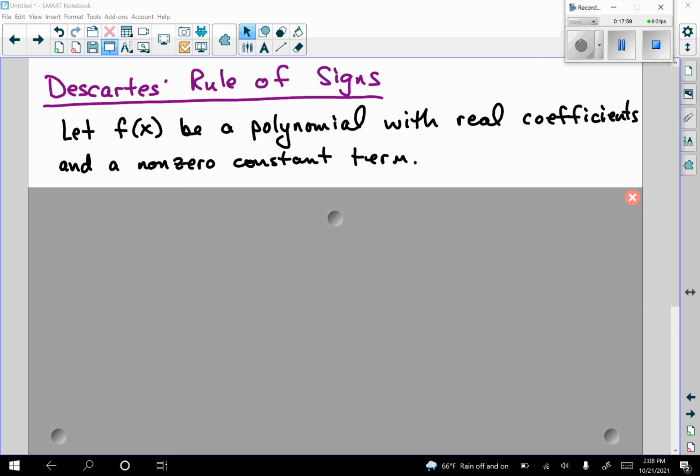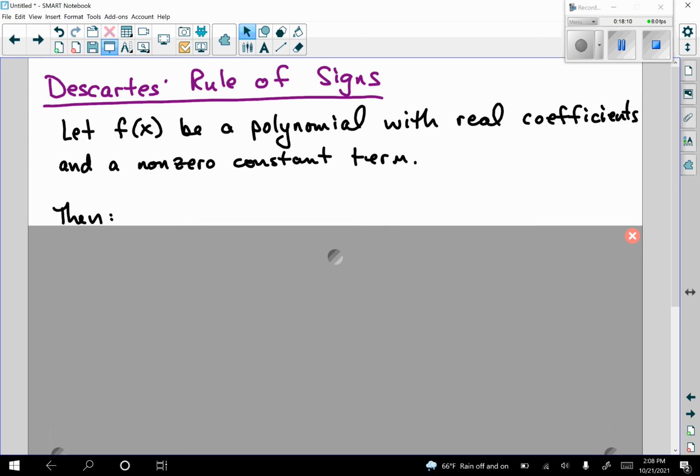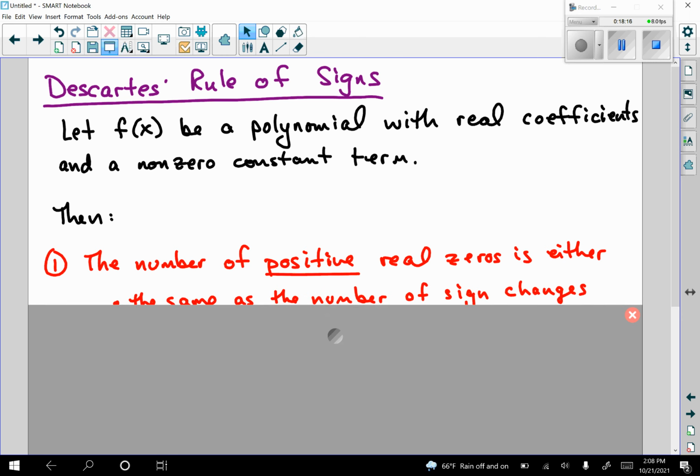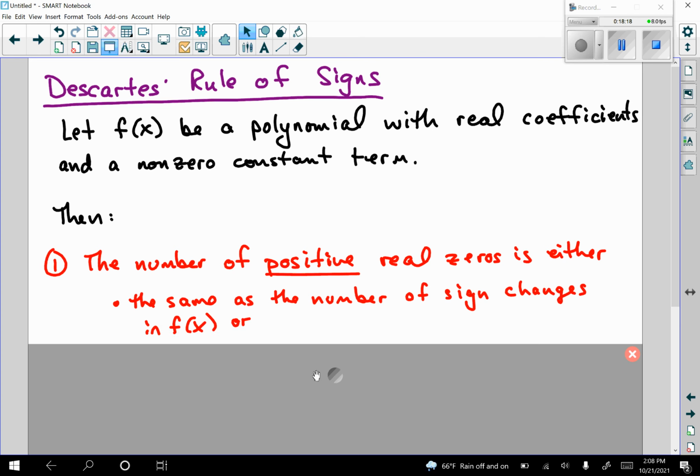Okay, so this rule starts off with us letting f of x be a polynomial with real coefficients and a non-zero constant term. Then to figure out the number of positive real zeros, all we do is count how many times the signs change from positive to negative.